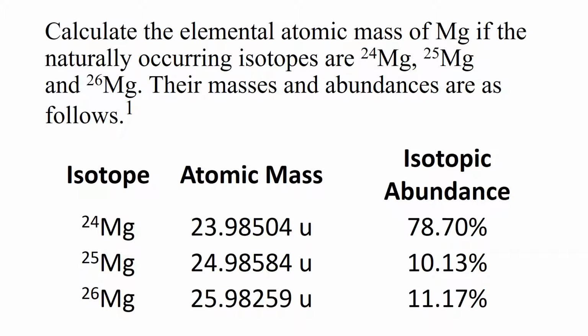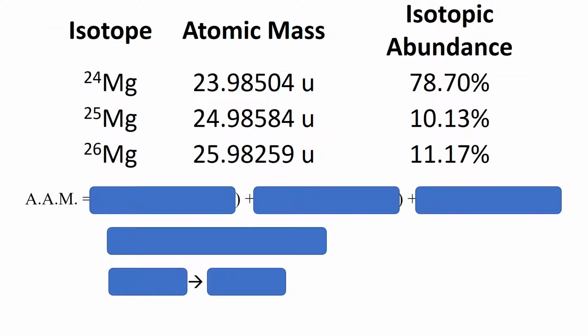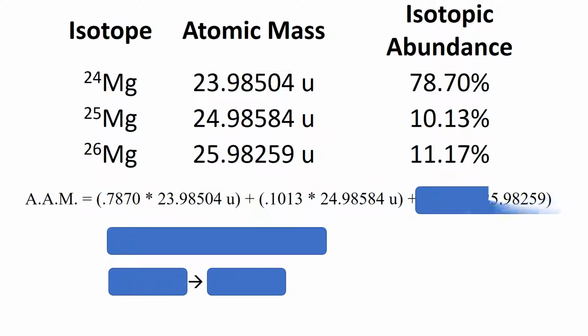And to do this, I'm going to do the same thing as I did on the last one. I'm going to take my percent abundances, which are called isotopic abundance in this problem, make them decimals and then multiply them by their individual masses.